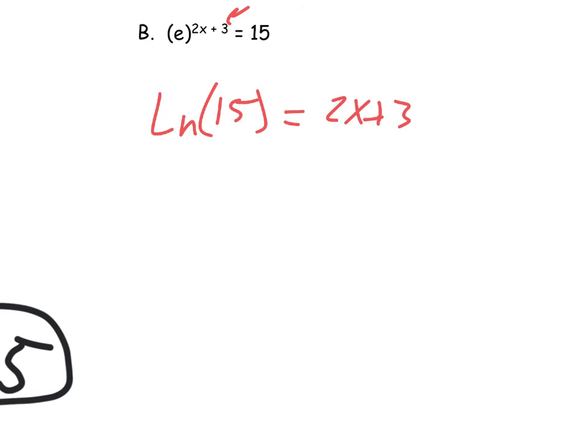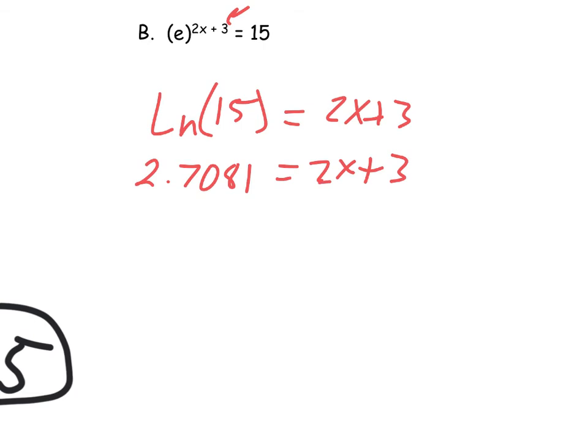Before I start solving for x, I'm going to find out the ln of 15. So I'm going to go to function ln 15. That's 2.7081, we'll say, if you round it, equals 2x plus 3, and then just solve.